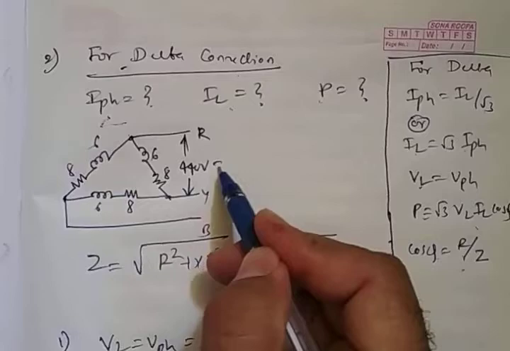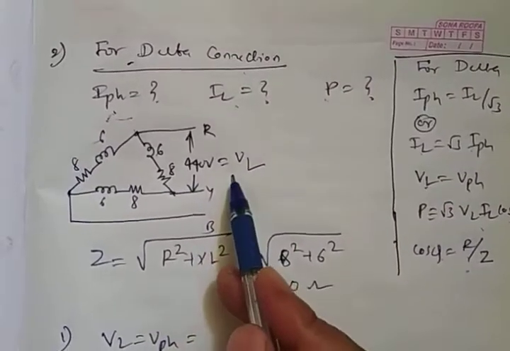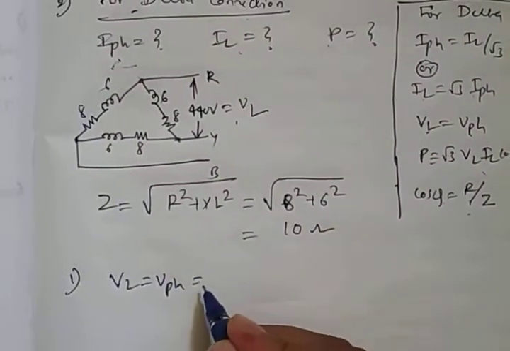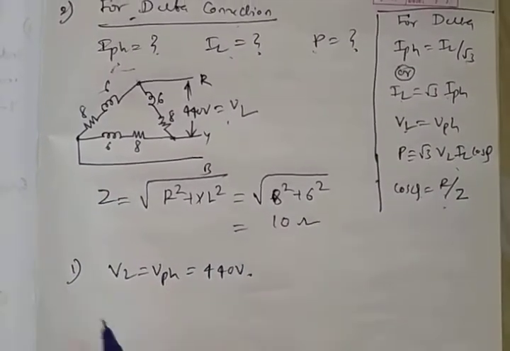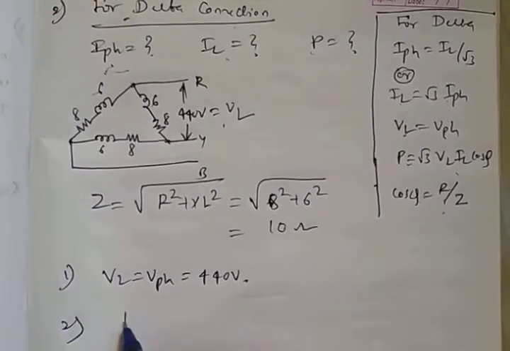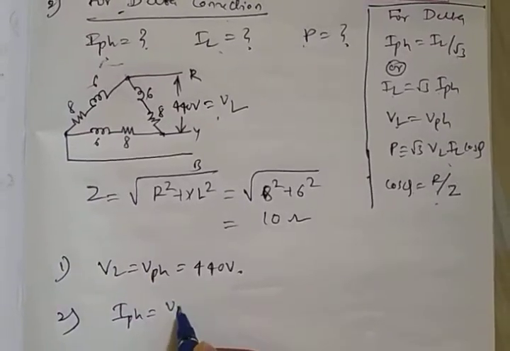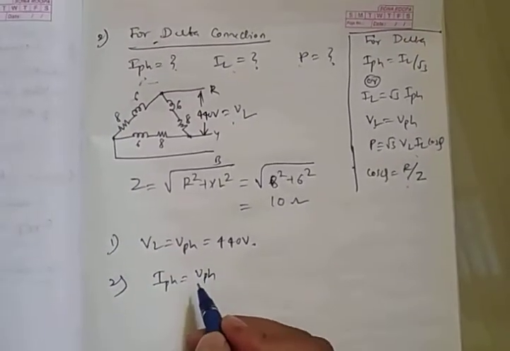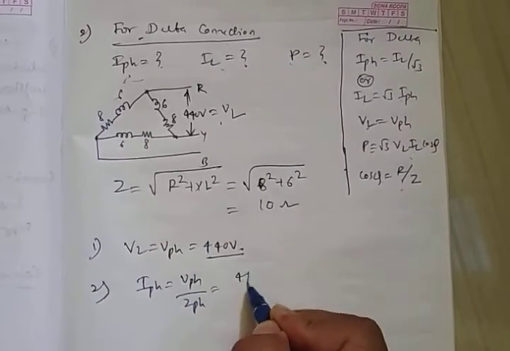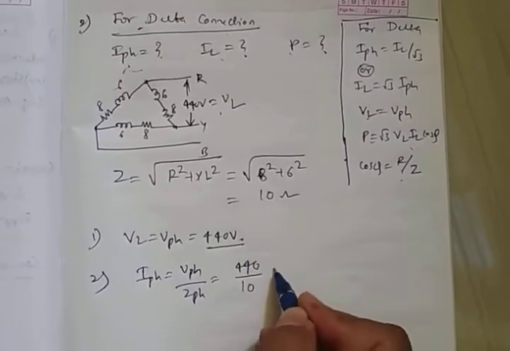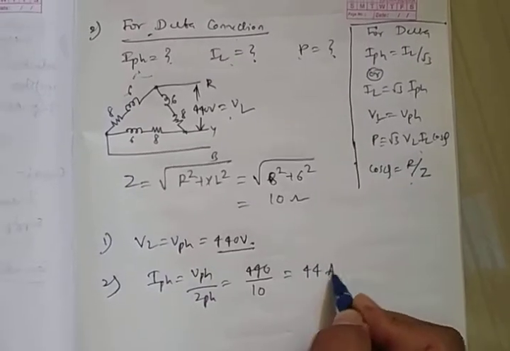VL is given, this you can always take as given in the question. So VL is equal to VPH, which is equal to 440 volt. And next, calculate IPH is equal to VPH by ZPH. VPH means 440 volt, ZPH means 10 ohm, you will get 44 ampere.